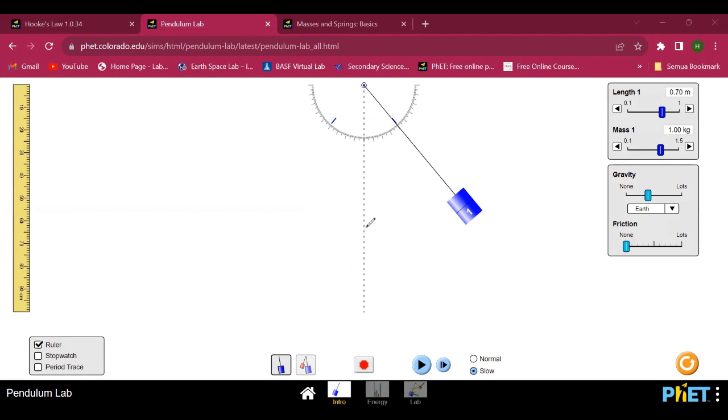It needs force, and its force name is restoring force. So the restoring force is what this pendulum needs when it moves back, returning into its normal position.